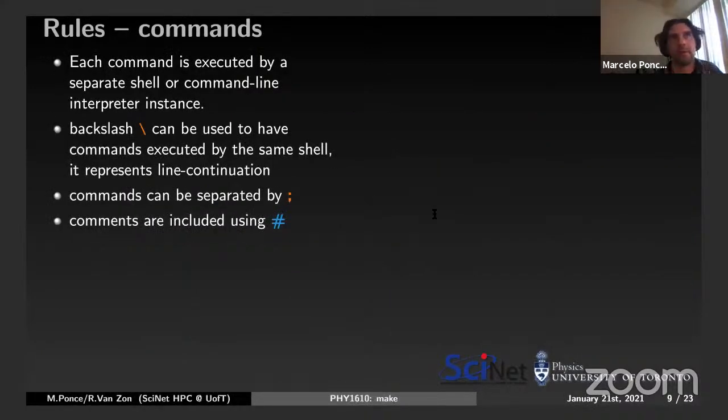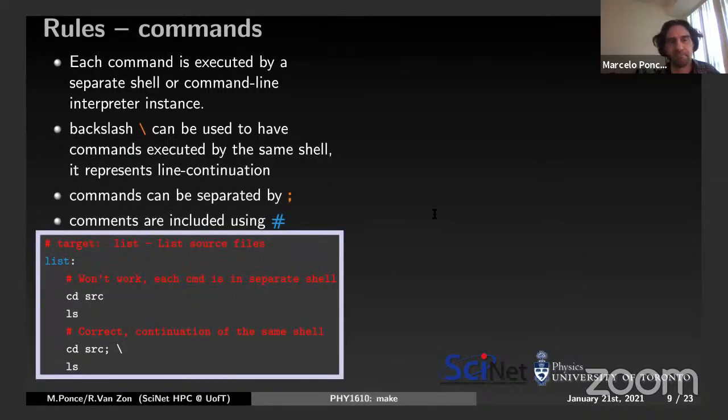A little bit more about rules. Each command is executed in a separate shell or command line interpreter instance. This may sound like a technicality, and kind of it is, but it has some practical effects. Here I'm showing you an example.